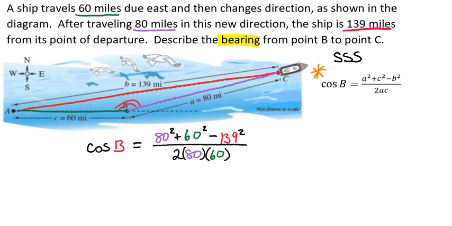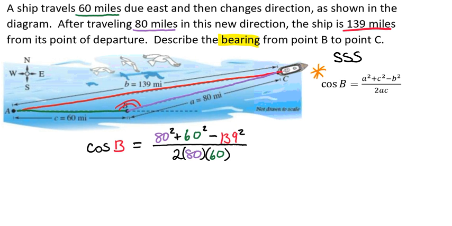We're going to be able to make this a lot easier if we do everything in one swoop. We also want to separate our cosine from the B.